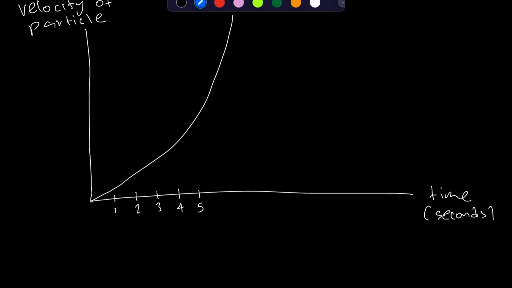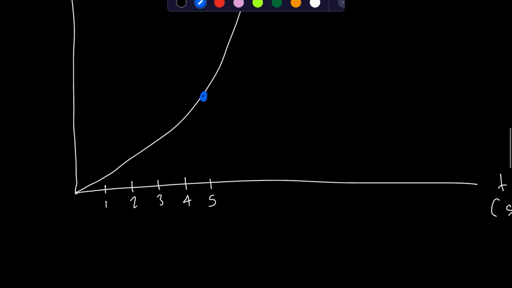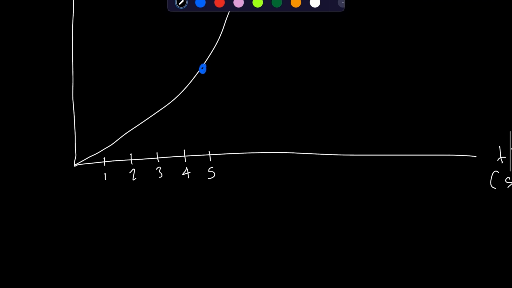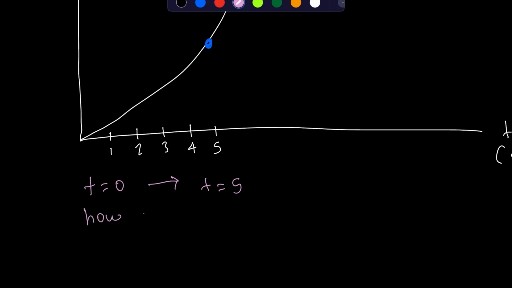Okay, so let's say we wanted to estimate, going from, let me draw brackets, from time equals 0 to time equals 5. The question is, how far did the particle travel?